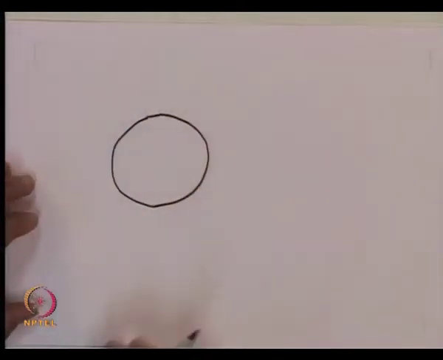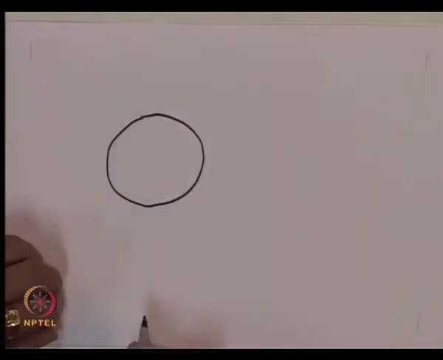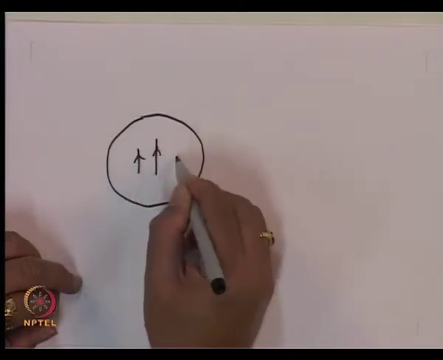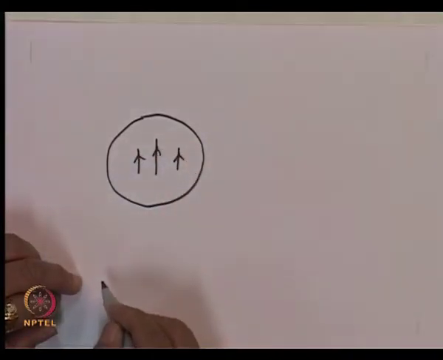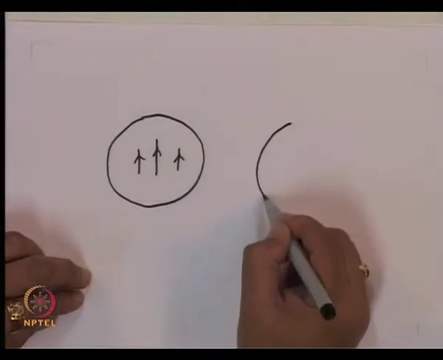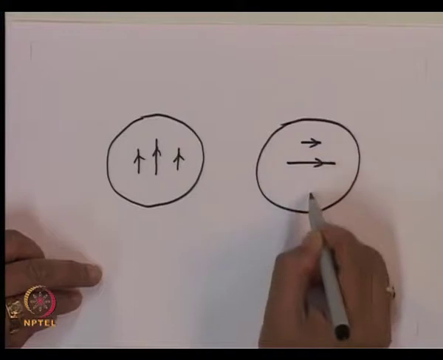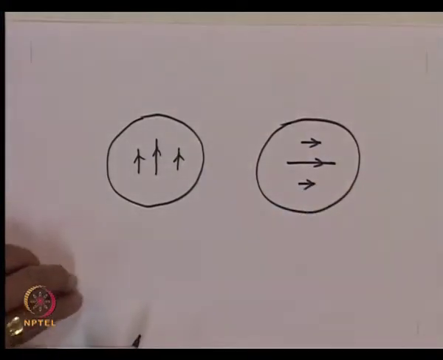So, the rotation of the fiber does not play a role, but it certainly depends upon what is the orientation of the electric field. So, one possibility is this, other possibility could be horizontally polarized, something like that.